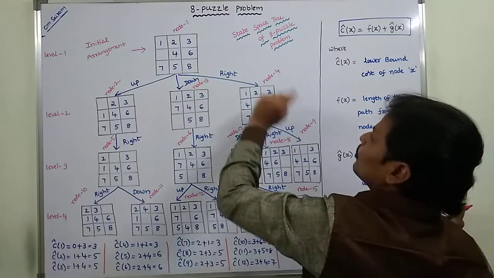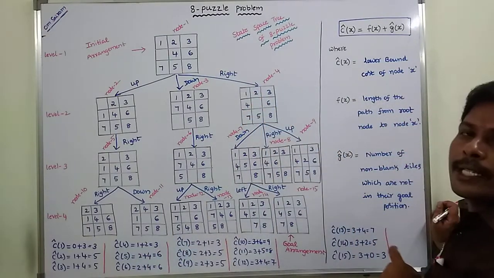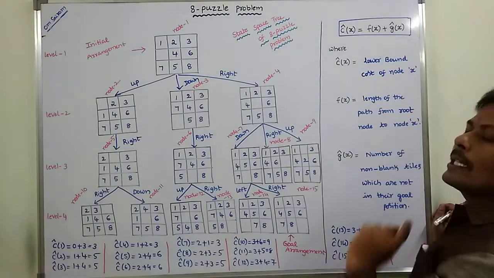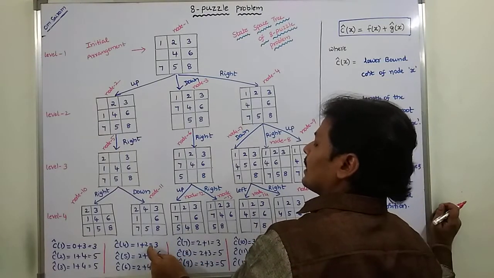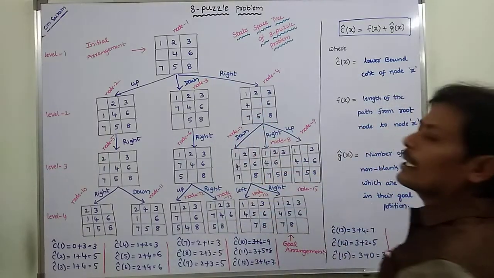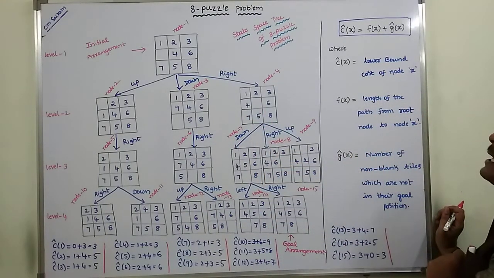What is the length? 2 minus 1, that is 1, plus how many wrong positions are there? 3 wrong positions. 3 minus 1 we have to take. So that is 1 plus 2, which is equal to 3. C cap of 4 is equal to 3.